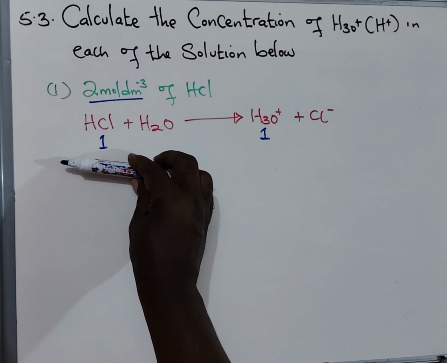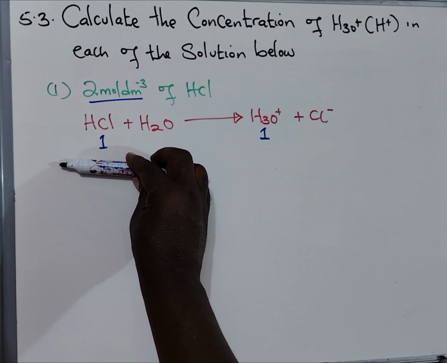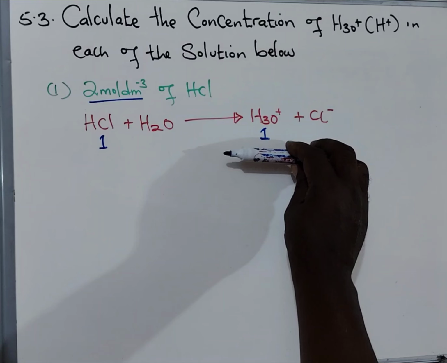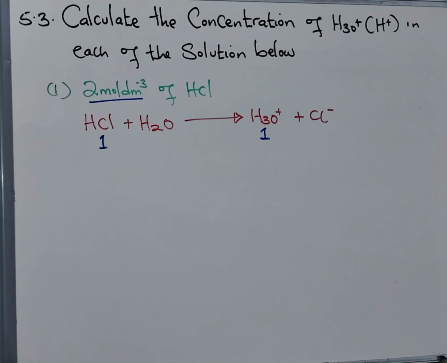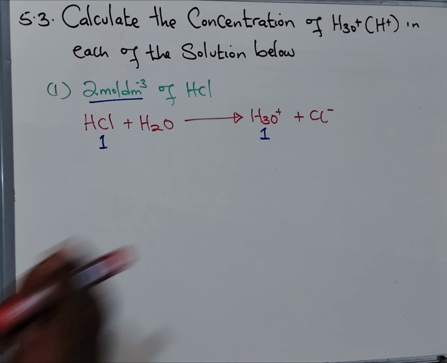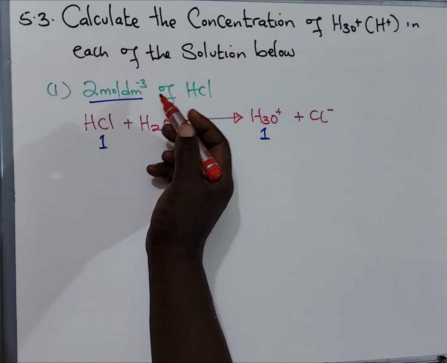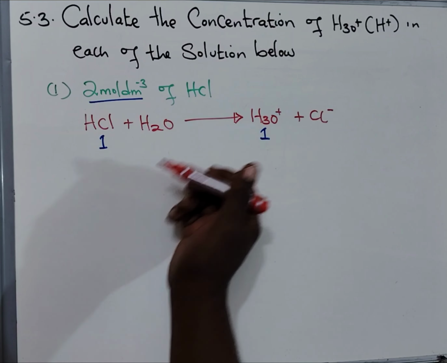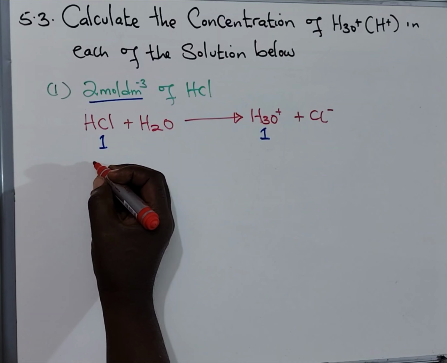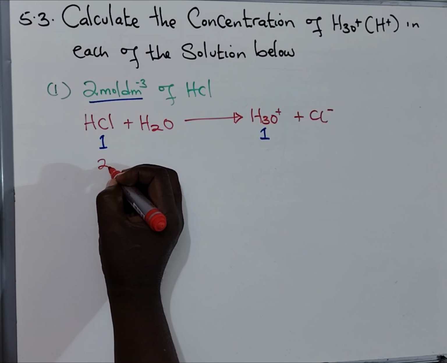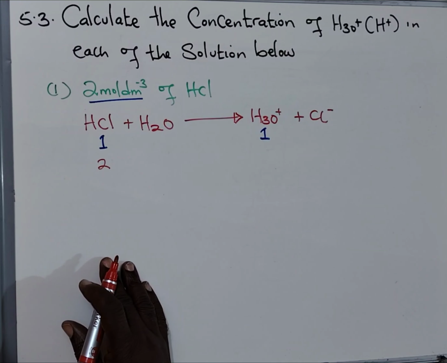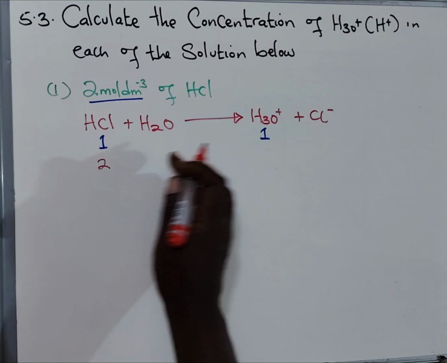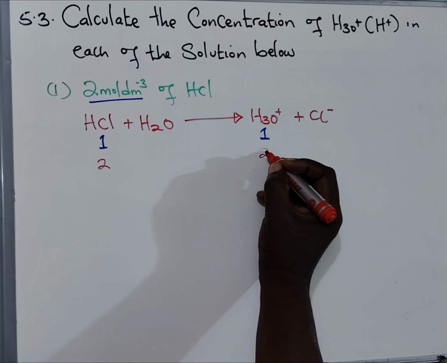The relationship is between hydrochloric acid molecules and hydronium ions. But you're given the concentration of hydrochloric acid, so you put it here. It's going to be 2. But the ratio is 1 to 1, which means that 2 is going to be to 2.